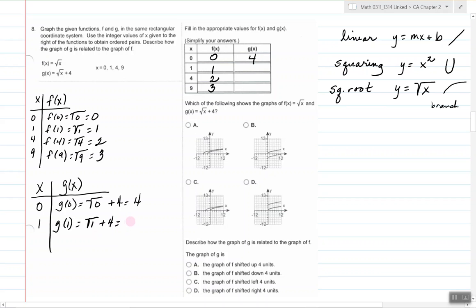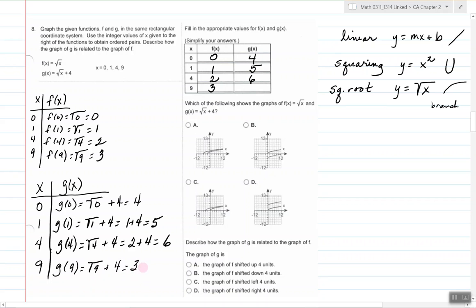Well, the square root of 1 is 1, plus 4 gives me 5. If x is 4, g of 4 is the square root of 4 plus 4. That's 2 plus 4, which is 6. And finally, if x is 9, g of 9 is the square root of 9 plus 4. That's 3 plus 4, which is 7.